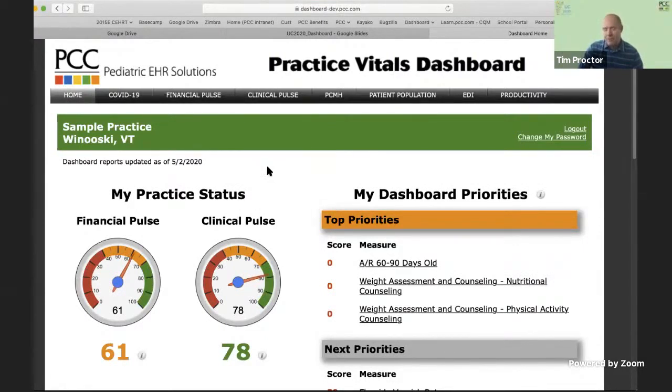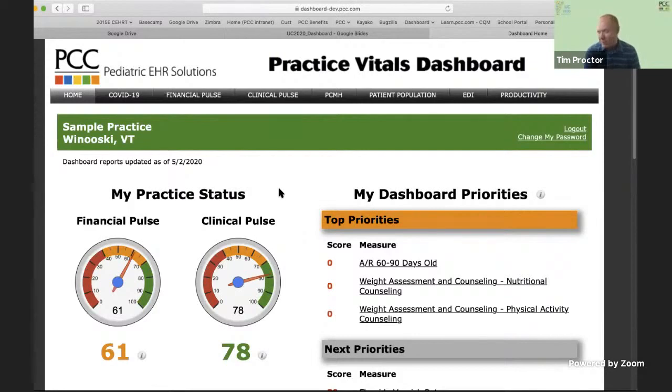I think I saw a note from somebody earlier that for new practices, it takes a little time for some of these measures to really update, especially the financial side of things. Keep that in mind, be patient with it, and your dashboard measures will get updated over time if you're a new practice. But I urge everybody, if you haven't had much experience with the dashboard, check it out.